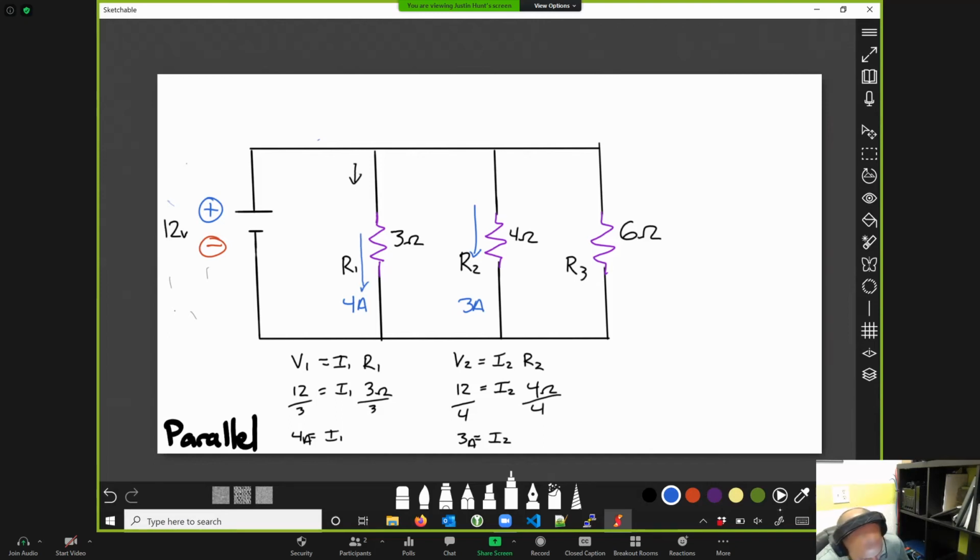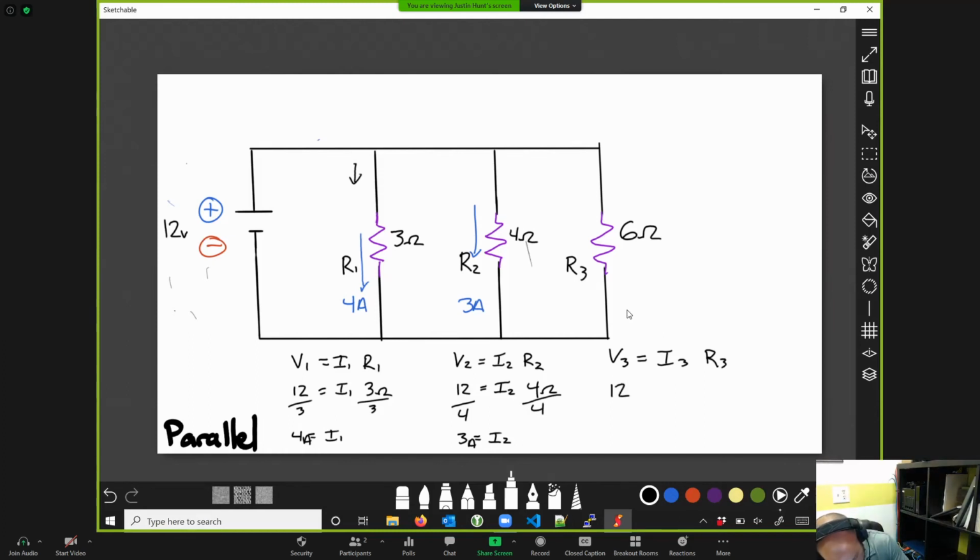And then we've got one more to do. Let's go this guy right here. V3 is equal to I3 times R3. Again, we're just looking at this one specific channel of the circuit right here.